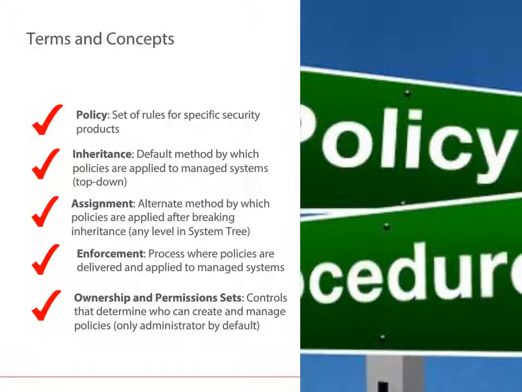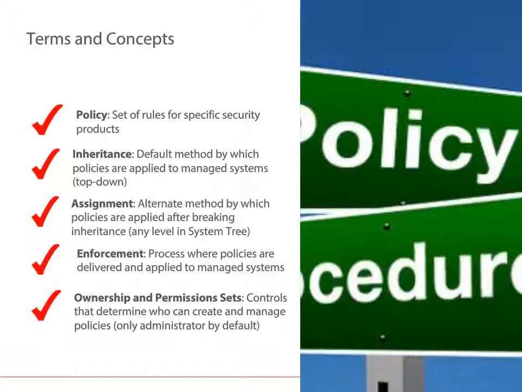The inheritance is the method where you have the policies applied to your systems. Like with any type of inheritance, you'll assign it to a certain level in the system tree, and it will inherit down on all the groups and systems below that unless you block the inheritance by assigning a different policy.